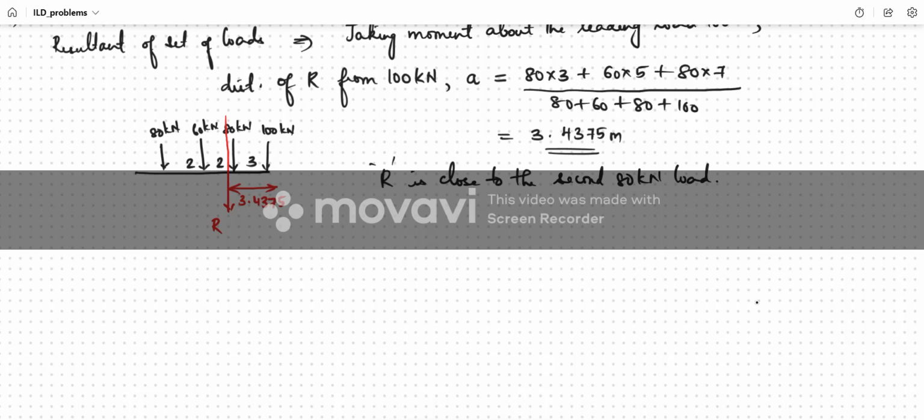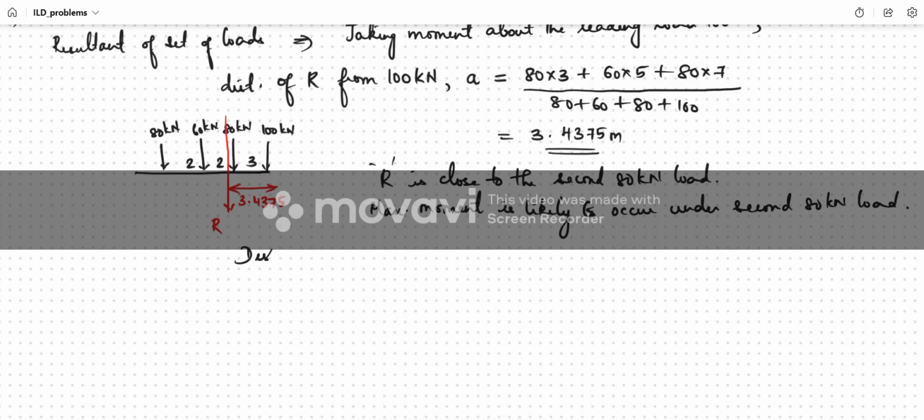We had discussed in the derivation that we will choose one particular load as a critical load and place it by adjusting the resultant. So you know that your resultant is close to 80, which means you can choose the second 80 kilonewton load as the critical load. So we can infer that the absolute maximum moment is likely to occur under the second 80 kilonewton load. Okay, this is what we infer.